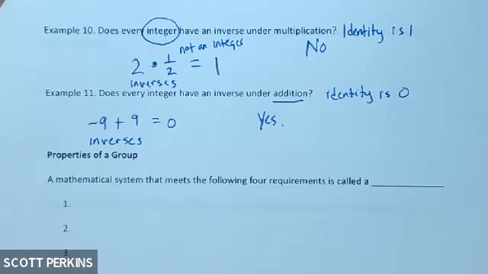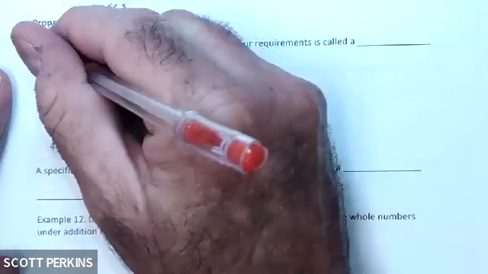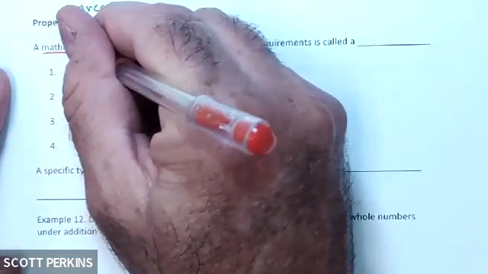Okay, well, we are there. We are ready to define this thing called a group. That was my promise to you when we started the section. That's what we're going to spend a lot of time talking about in this unit. So the properties of a group. A mathematical system is what we've been talking about.